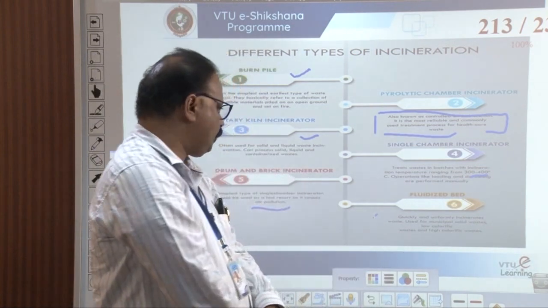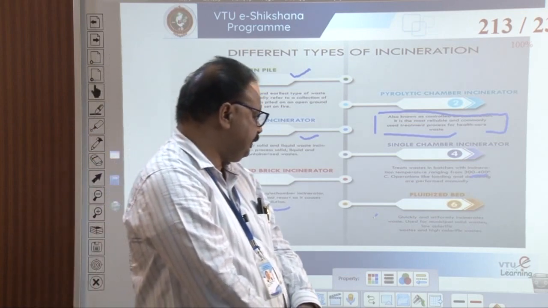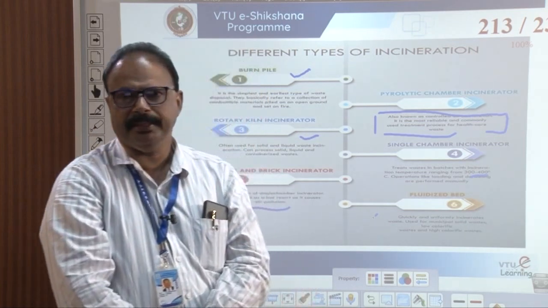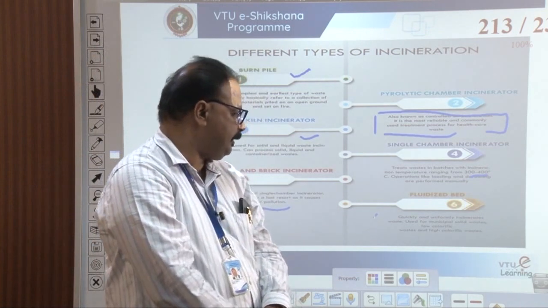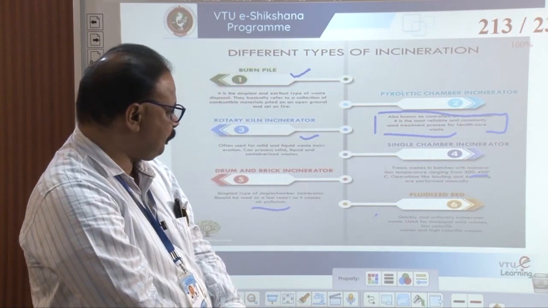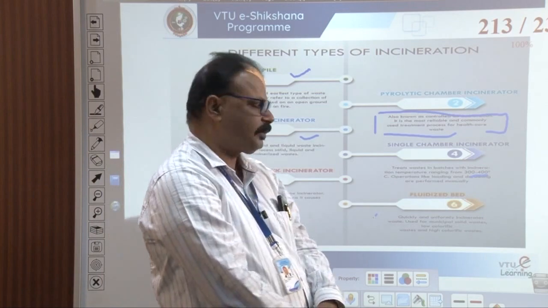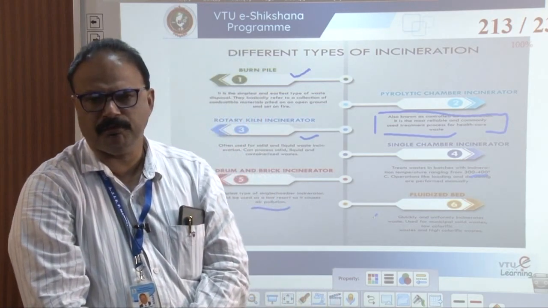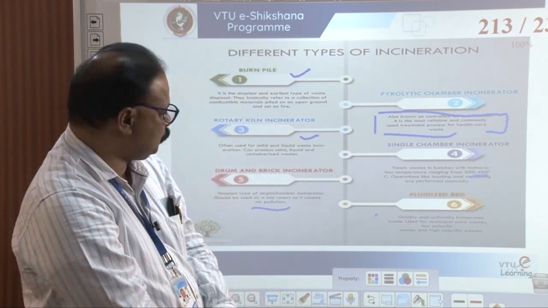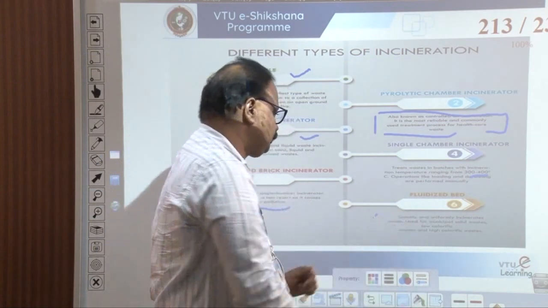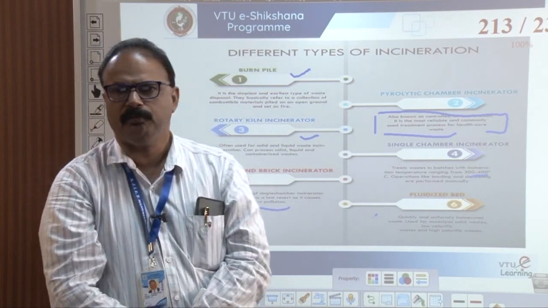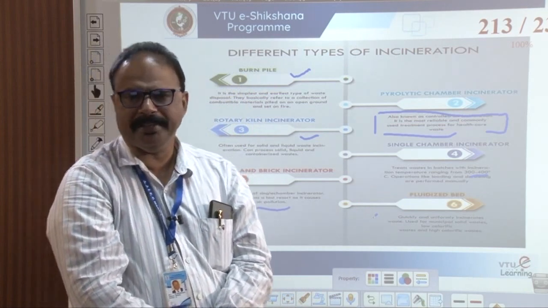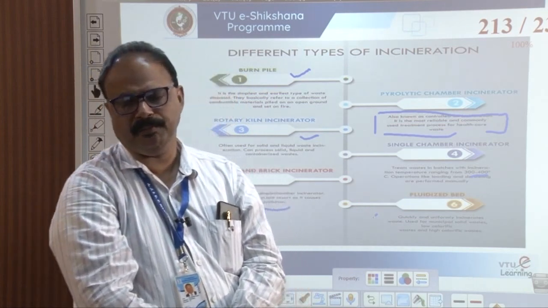Mainly we are using this fluidized bed for municipal solid waste, for the burning of low calorie and high calorie waste.